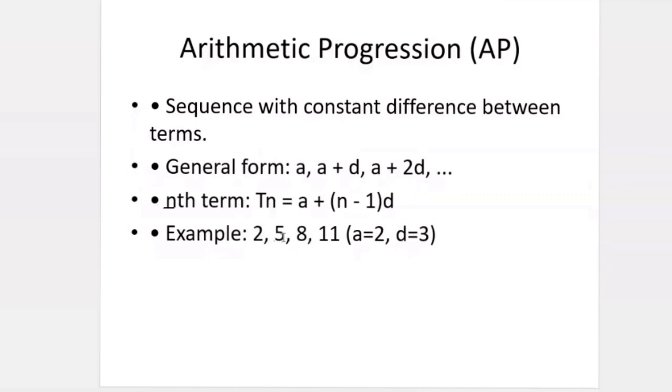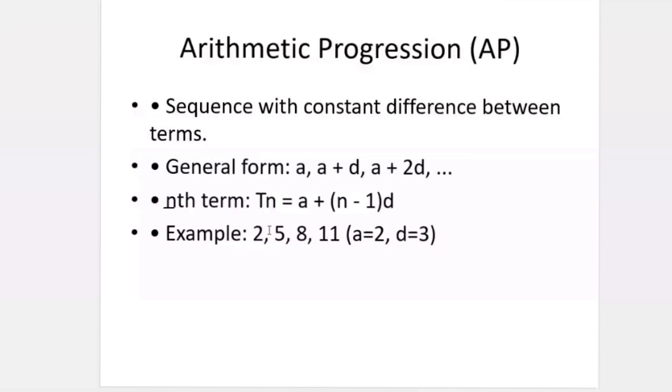And so I check the next one. Between 5 and 8, which is the next number in this sequence, the difference is also 3. Wonderful. So let's check the next one, just to be sure. 8 and 11, the difference is also 3. So a pattern is clearly showing itself here that we have a constant difference between the terms in this sequence.